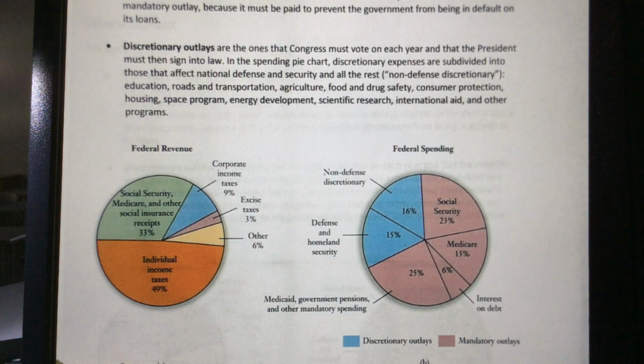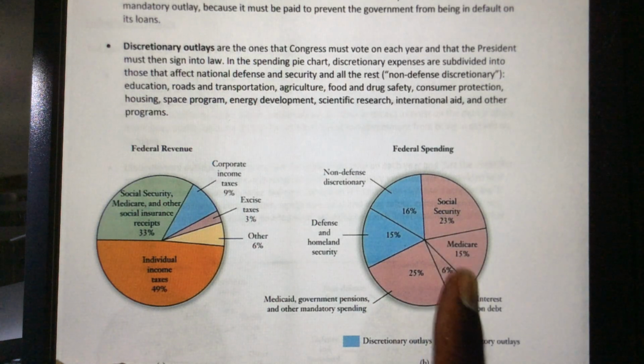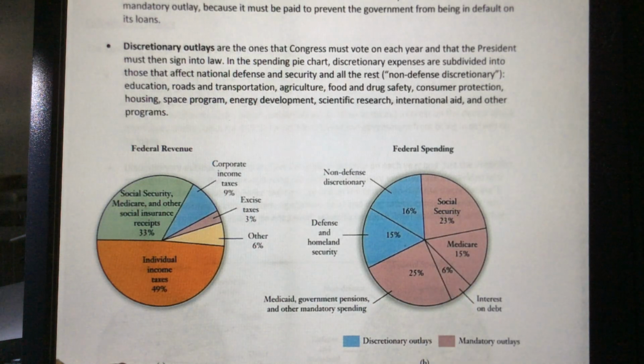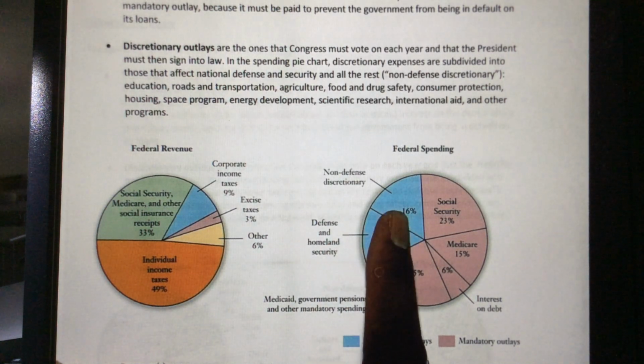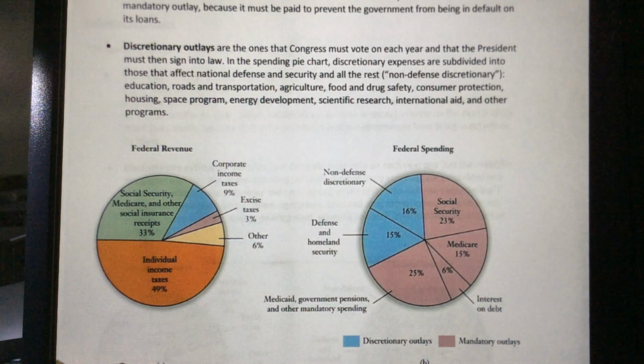The pink is your mandatory outlays. So here, these are your mandatory outlays here for Social Security, Medicare, interest on debt, Medicaid, government pensions, and other mandatory spending. And then your discretionary outlays are your non-defense discretionary and defense and homeland security.